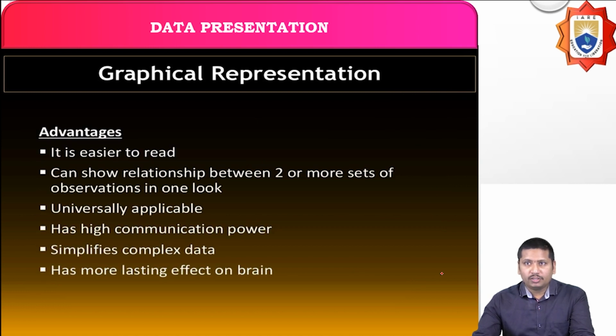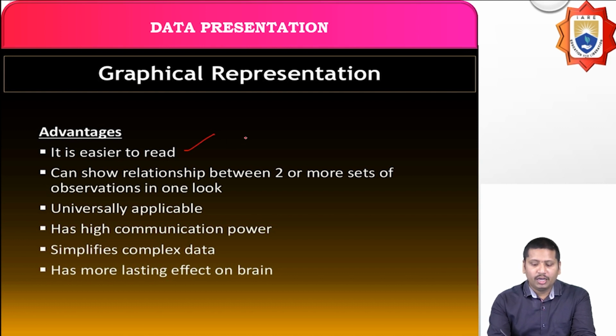So what are the advantages of graphical representation? It should be easier to read, and it should show the relationship between two or more sets of observations.